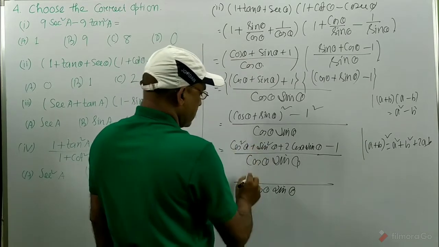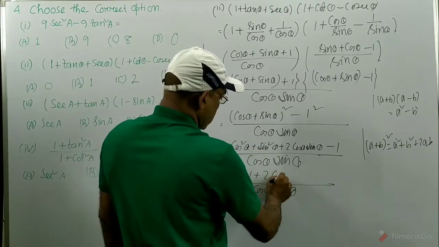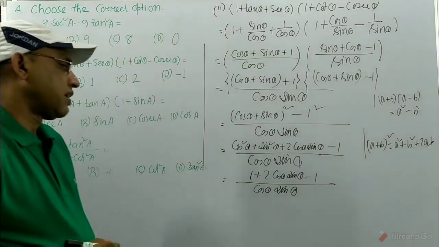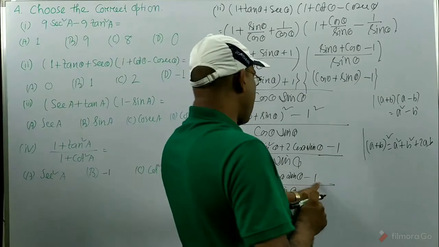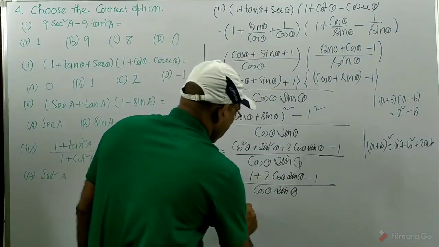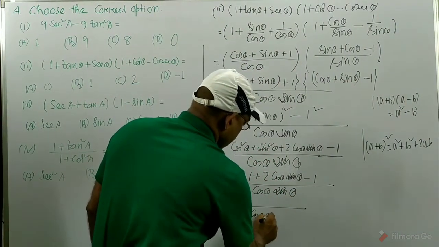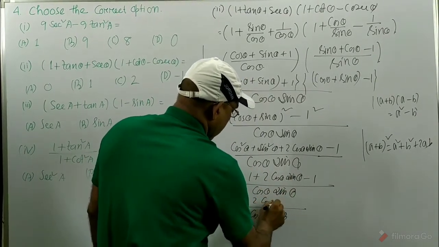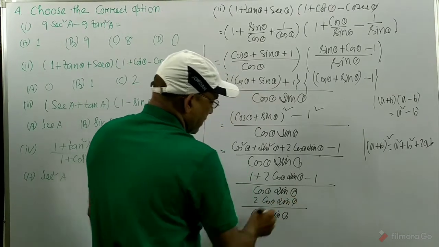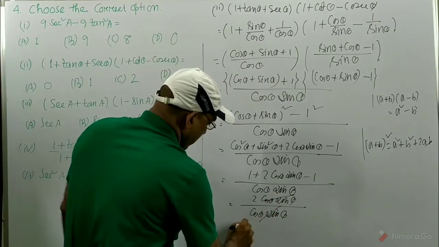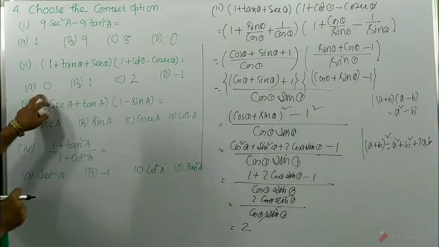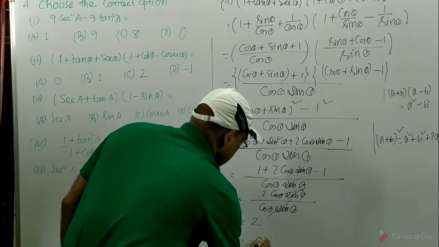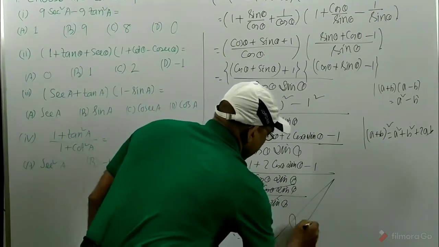Cos square plus sin square is 1, so the 1 and minus 1 cancel, and we get 2 cos theta sin theta over cos theta sin theta. These like terms cancel, and we get 2. So the option is C, 2, our answer.